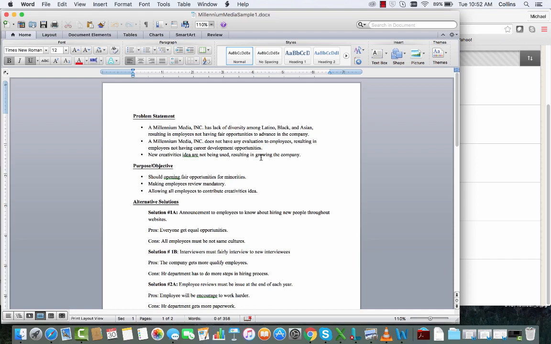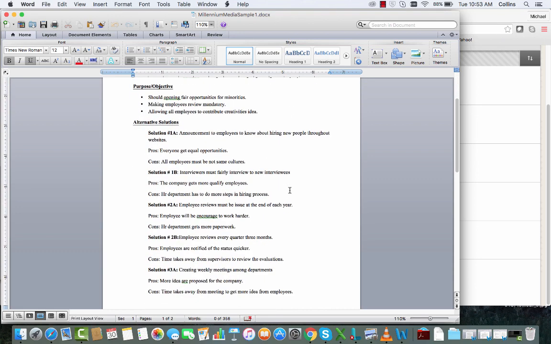Now, I understand this is a graduate level course, but I'm providing you with some samples that came from an undergraduate course. So, purpose and objectives, again, really poorly written. "Should opening fair opportunities for minorities." You can see spell check is pretty horrible.